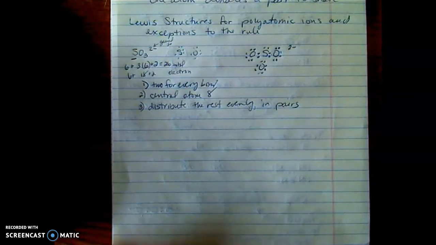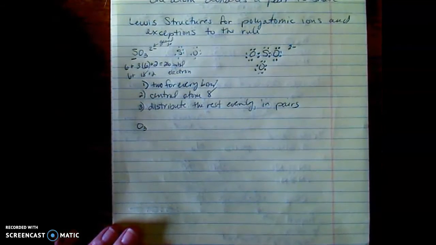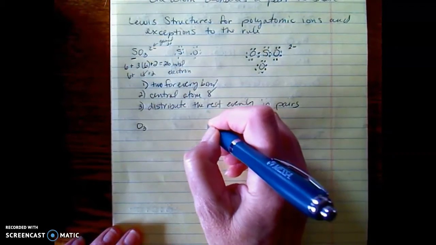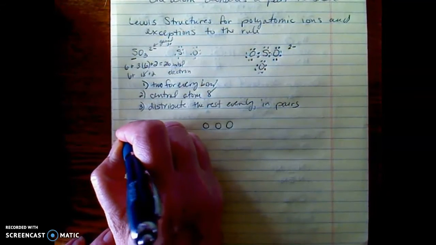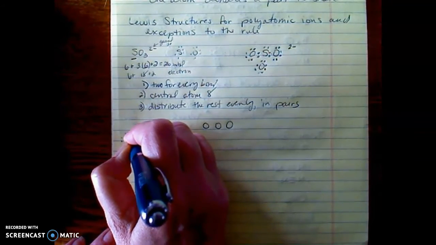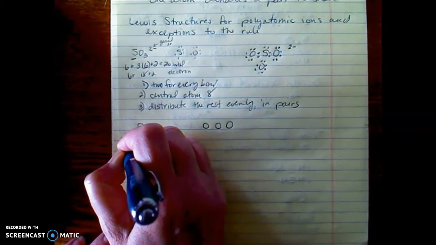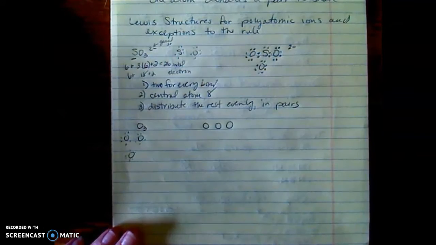Let's try another structure. Let's look at ozone, also known as O3. You've got 3 oxygens there. If you were to just draw their dot structures with their 6, it's really hard to tell how they are going to come together, no matter how you arrange these dots.